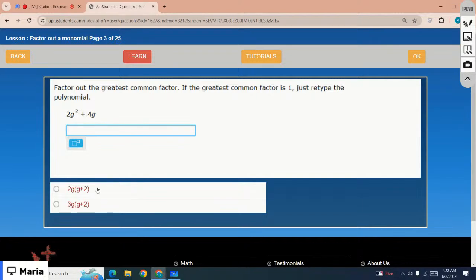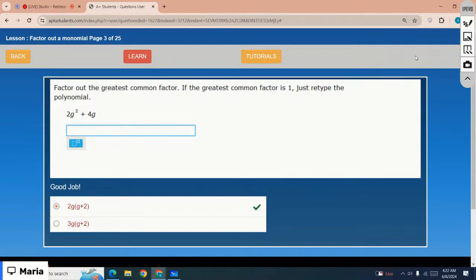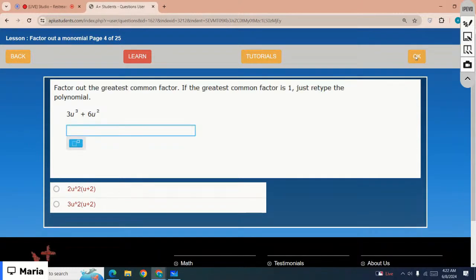That is option number 1: 2g times g plus 2 is the correct option. Factor out the greatest common factor. If the greatest common factor is 1, just retype the polynomial.